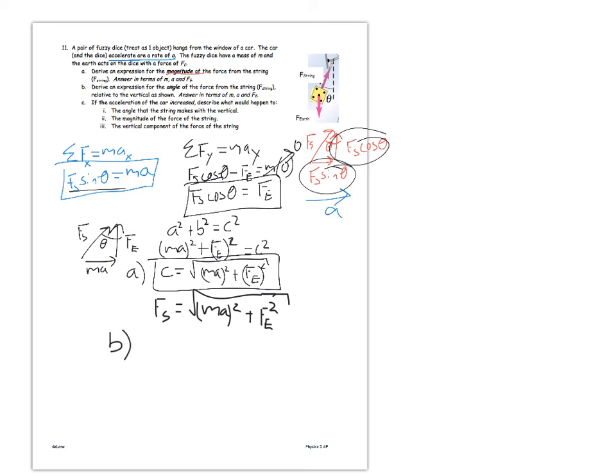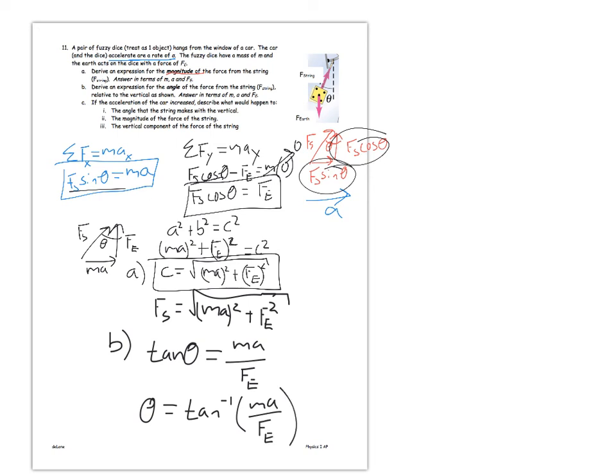For part B, it says derive an expression for the angle, this upper angle here, in terms of ma and Fe. So I'm going to say the tangent of theta equals opposite, in this case ma, over adjacent, which in this case is Fe. So I can solve for that angle, and I get that the angle is the inverse tangent of ma over Fe.